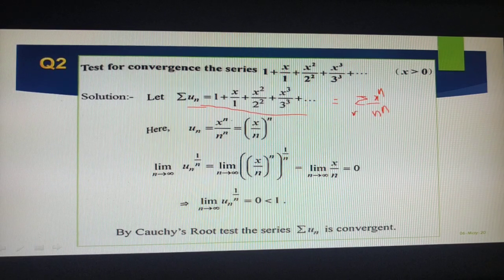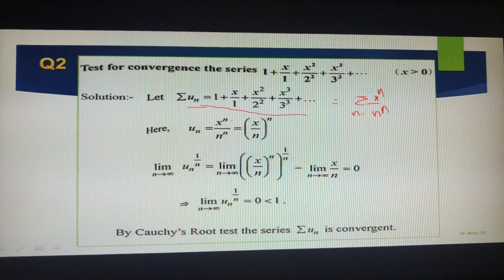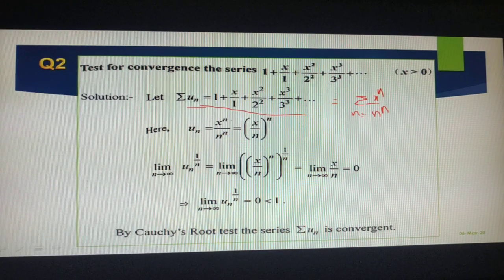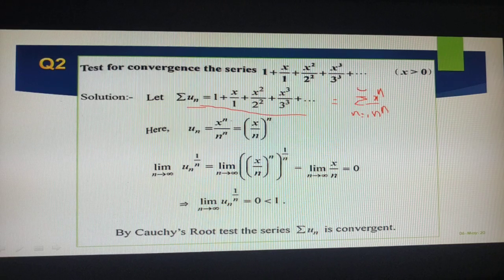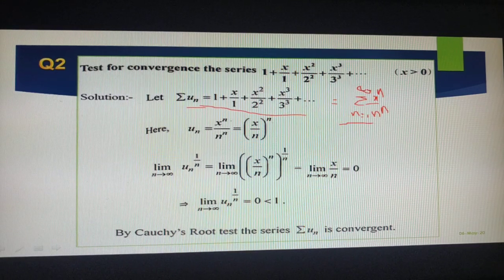Here n you can start with 0, no problem, but then we have to remove the 1 at the front. So simply you can start with n equal to 1. Then n equal to 1 to infinity, we will get all the terms. If we start with 0, we will not get the first term. This is just a short form of your series.